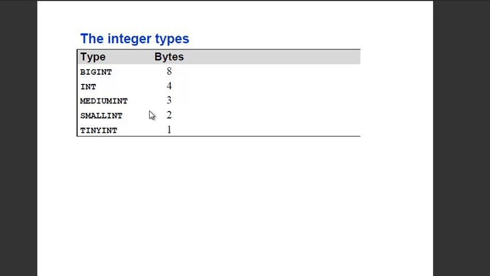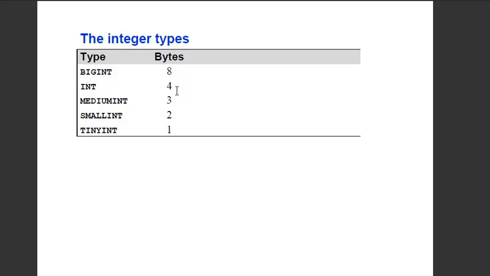Again, the difference between medium int, let's say 3, and int 4 bytes of memory space is not huge. However, if we are talking about millions of rows, many tables, then that little difference might amount to hundreds of megabytes, if not more.